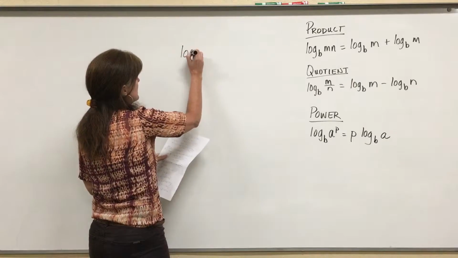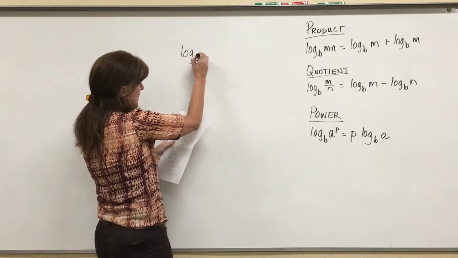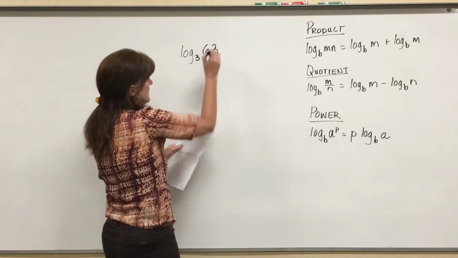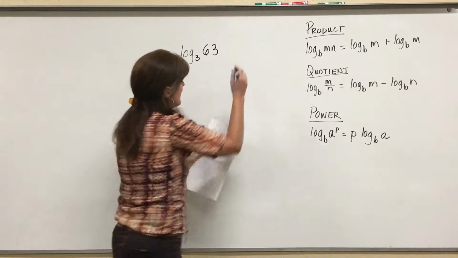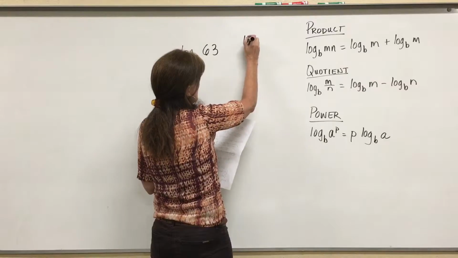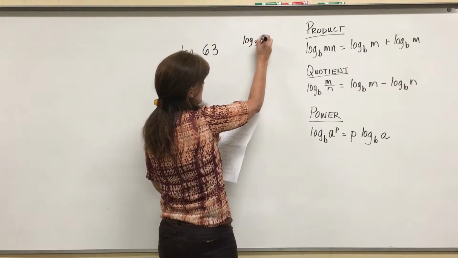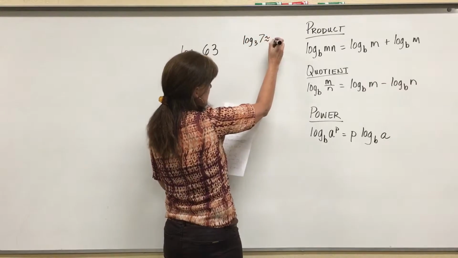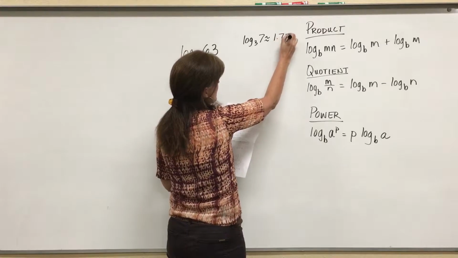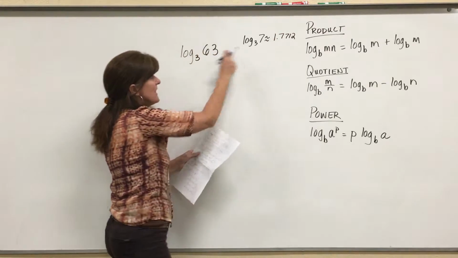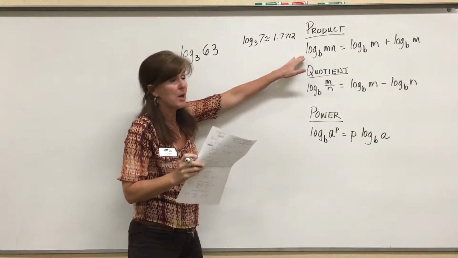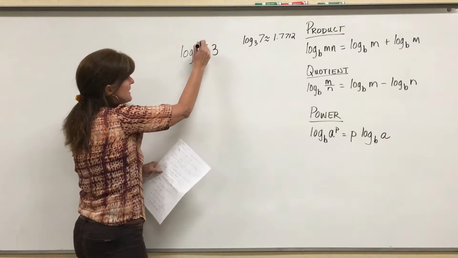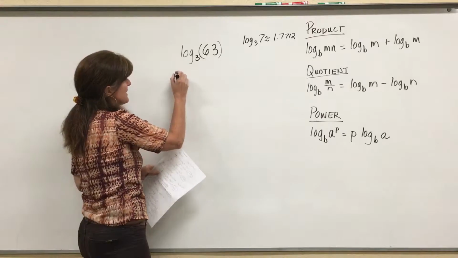First, the product. If you want to solve log base 3 of 63, but you're given that log base 3 of 7 is approximately 1.7712. Using the product property, you could break up the 63 into 9 times 7.